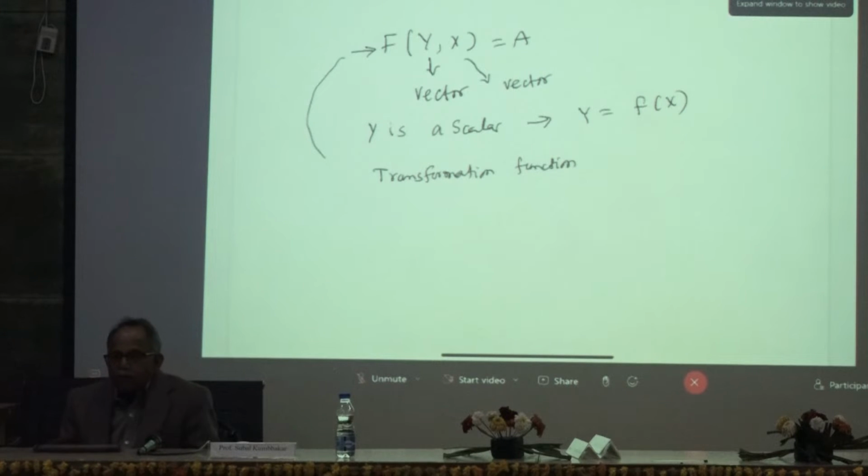What this transformation function is doing is, you can think in terms of a process in which the inputs are being used at one end and outputs are coming out at the other end. But the difference is that you have more than one output. So this is the setup. To start with, I am not assuming any inefficiency.